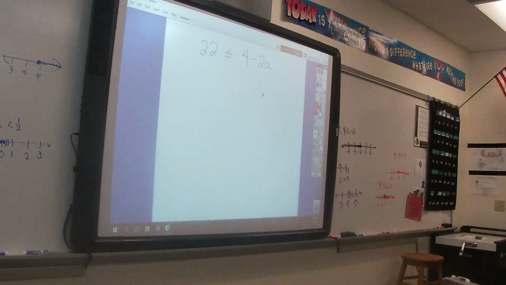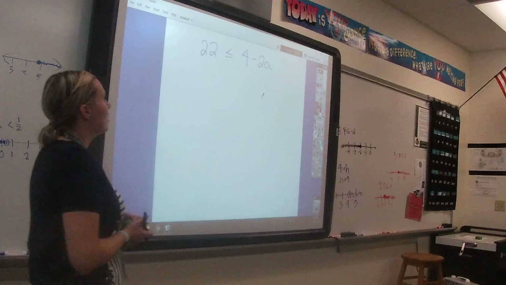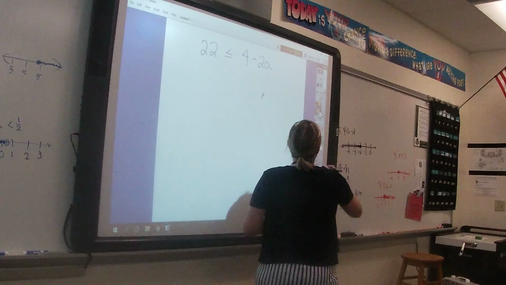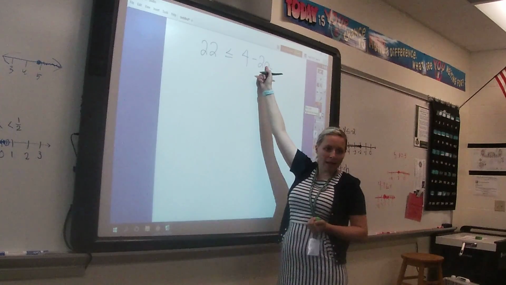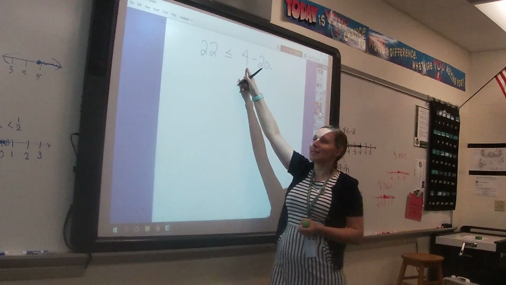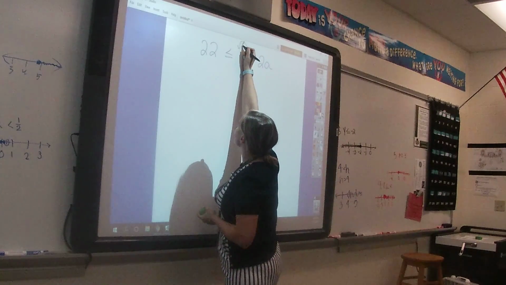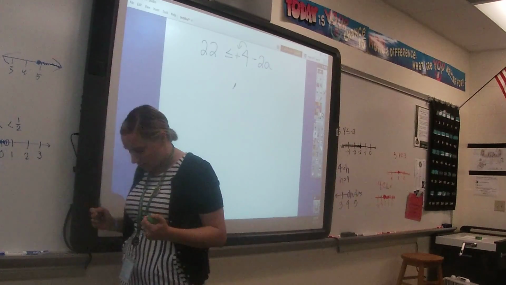2 is less than or equal to 4 minus 2a. What are we going to do first? Subtract the 4, right? Because our variable's over here on the right-hand side. That 4 is attached with addition, so we're looking in front of it.